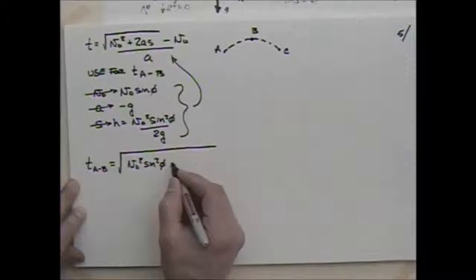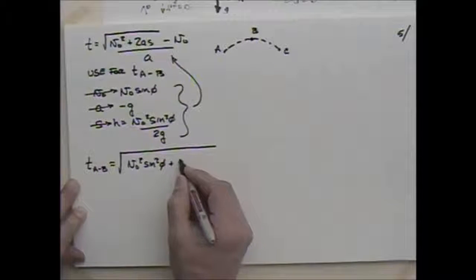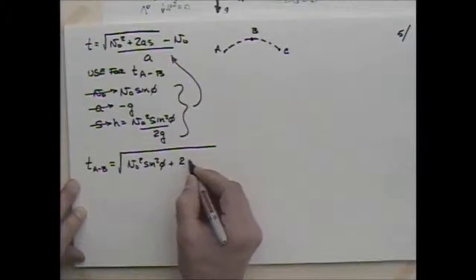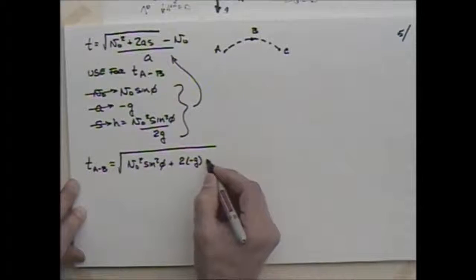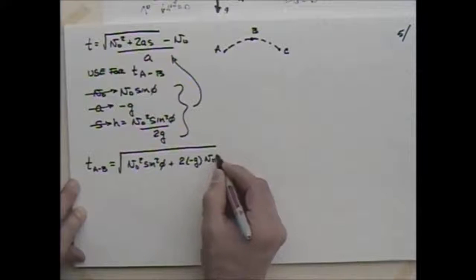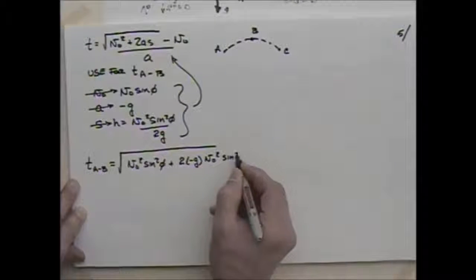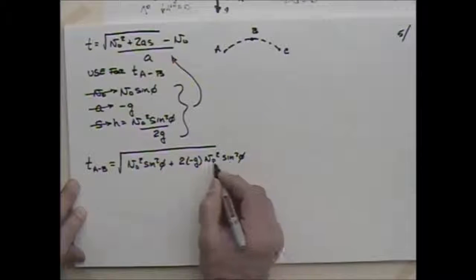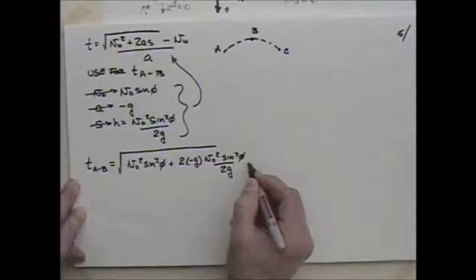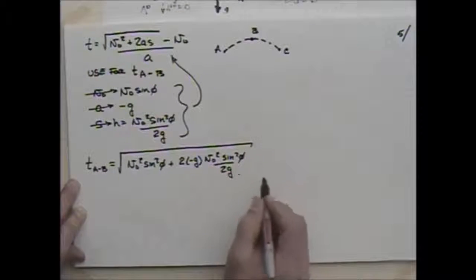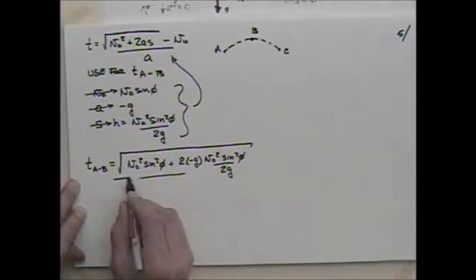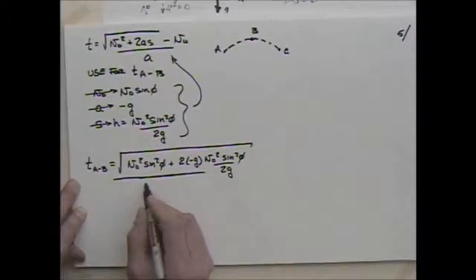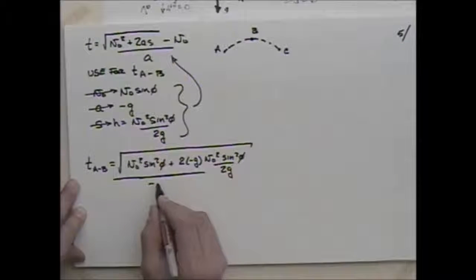So I square those, plus 2 times minus g times s, which is v naught squared sine squared phi, all divided by 2g. There's our radical, and we're dividing then the radical by what? A, which is minus g.